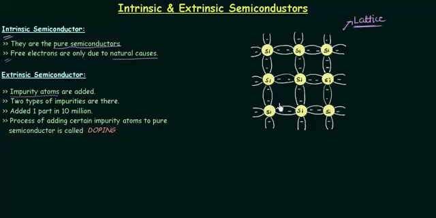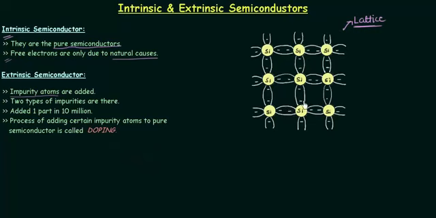When you give thermal energy, the electrons present in the covalent bond will obtain kinetic energy, and they will break this bond and will be available for the conduction. So we can say that with an increase in temperature, the number of free electrons available will also increase.